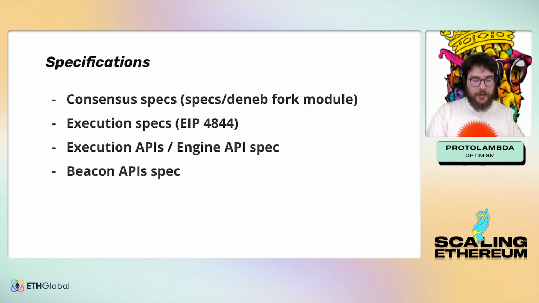So we talked about the state transition changes with consensus and execution, but there are also APIs that have to be extended. So there are the execution APIs to support a new transaction type. There's the engine API to pass along the blocks and the blobs between the engine and the beacon node. And then there's the beacon API, which has been modified to fetch the blob data.